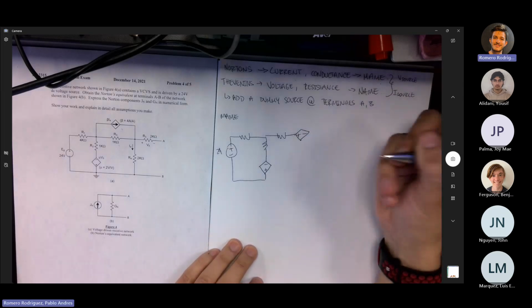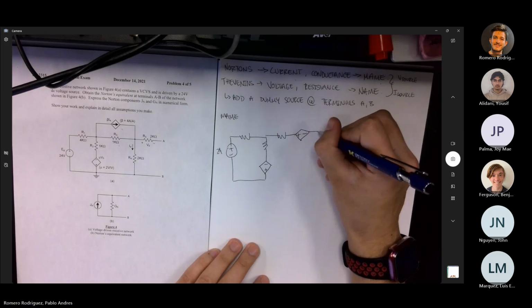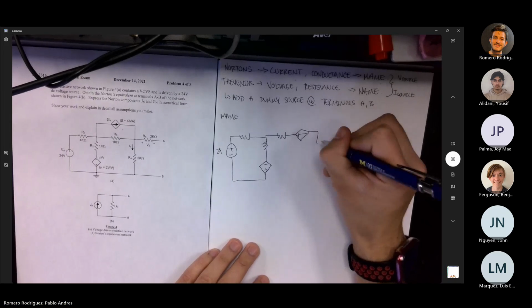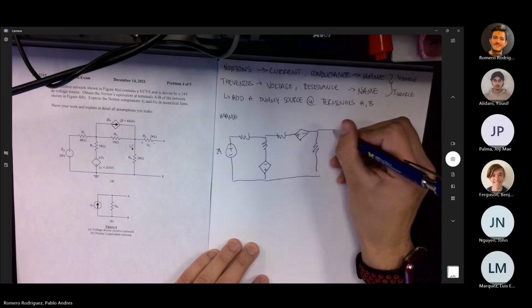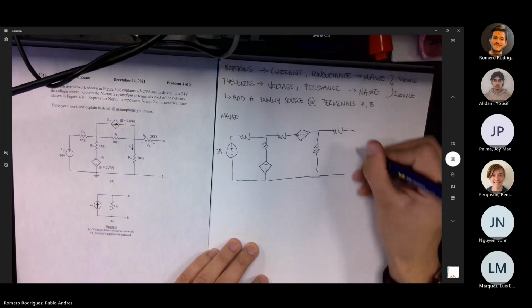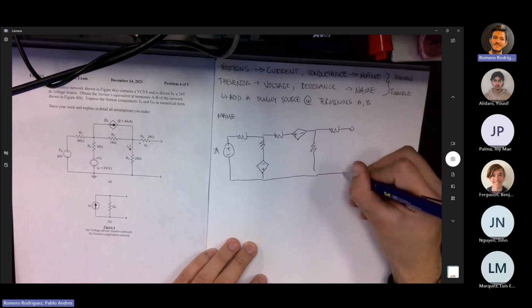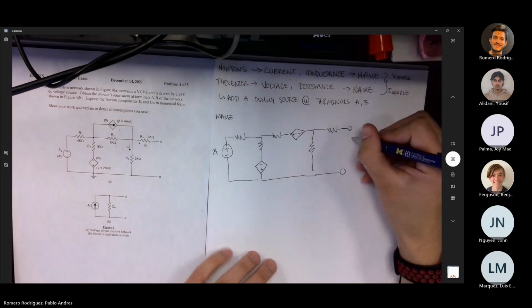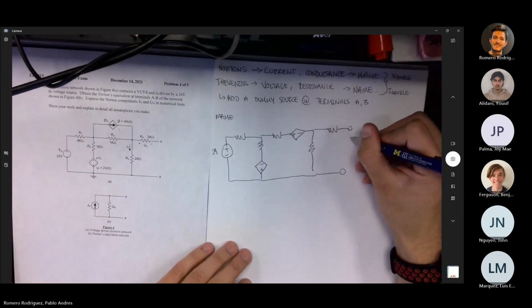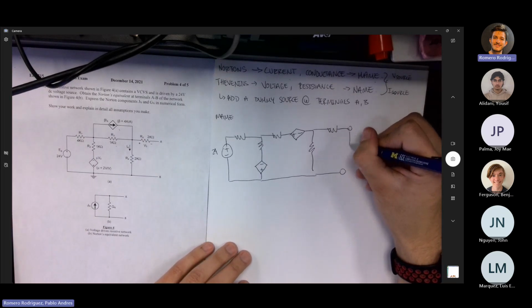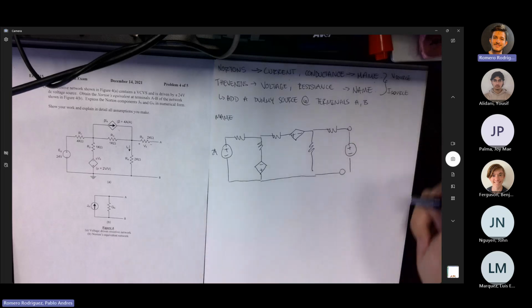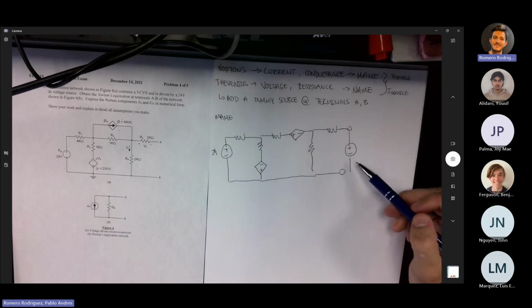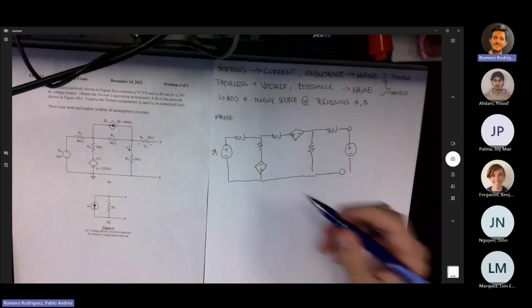So I think it's plus minus, but I'll check. Terminal B. I'm going to add a source here. It's going to be my dummy source. I may have to change the polarity in that one because of how my things are.